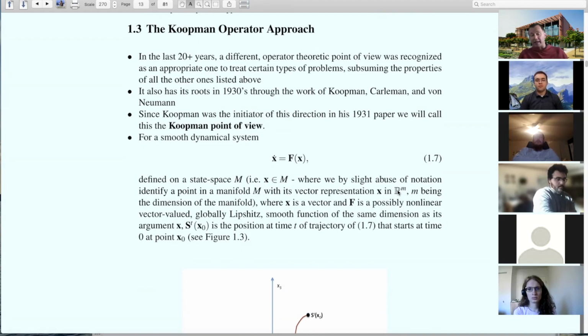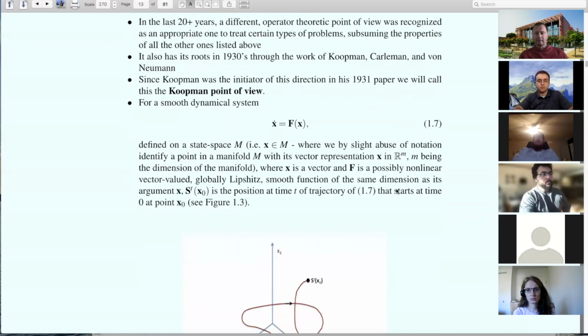It could even be an abstract manifold, but let's work with embedding in Rm, and then the point x is really just a representation of this manifold, or a vector representation of a point in Rm.